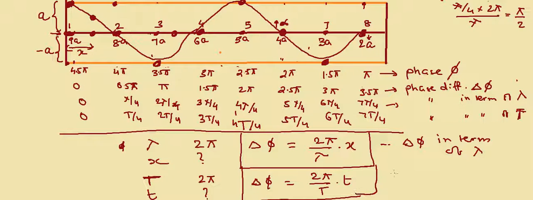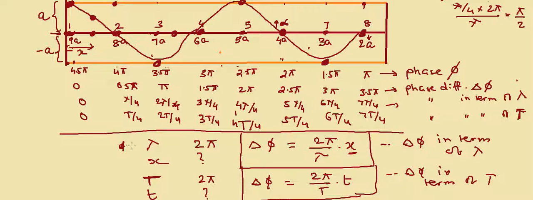And I can obtain delta phi in terms of t. Let me repeat. This is the phase difference of two particles at the same time x distance apart. And this is the phase difference of the same particle at two different times t seconds apart. And this is how we can find out phase difference.